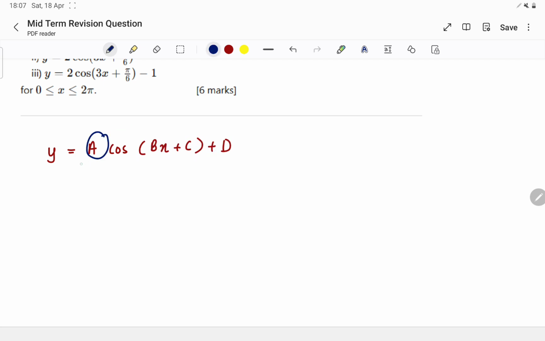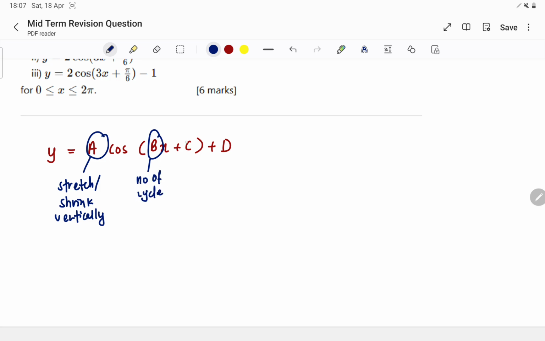From a, this is the amplitude, right? If the number is increasing, higher than the previous one, it will stretch. If it is lower than that, it should shrink with a certain factor, shrink vertically. And then from b you can see the number of cycles.